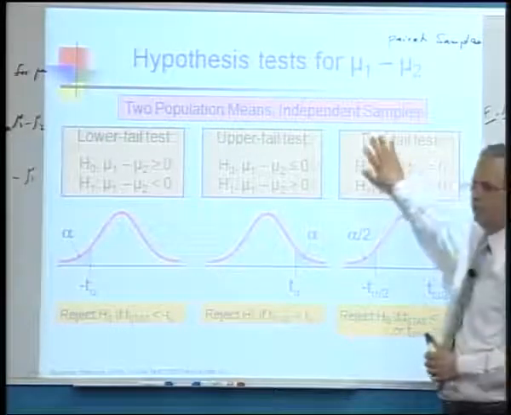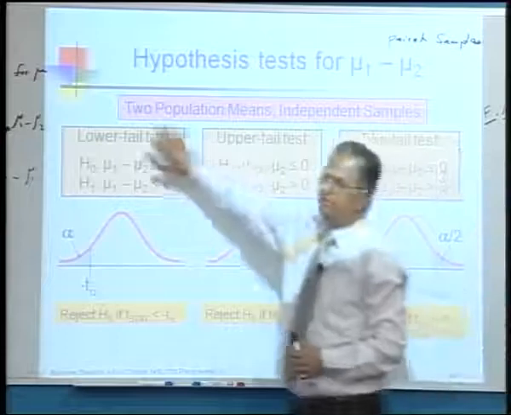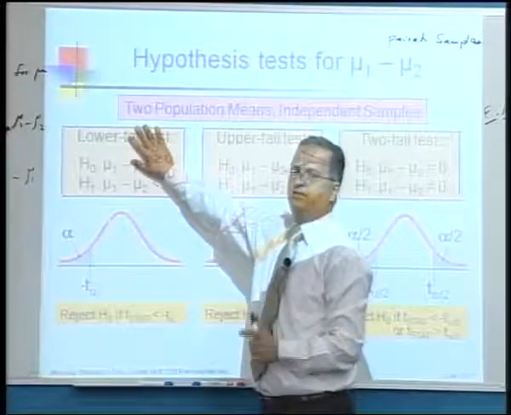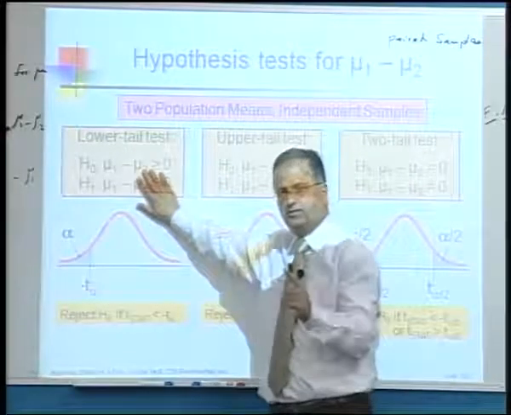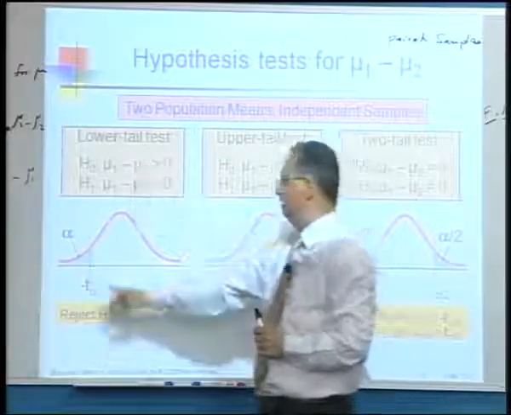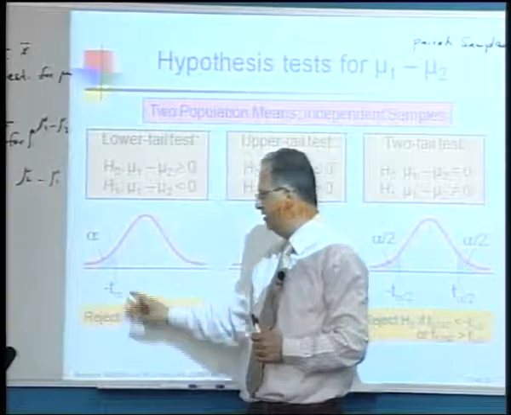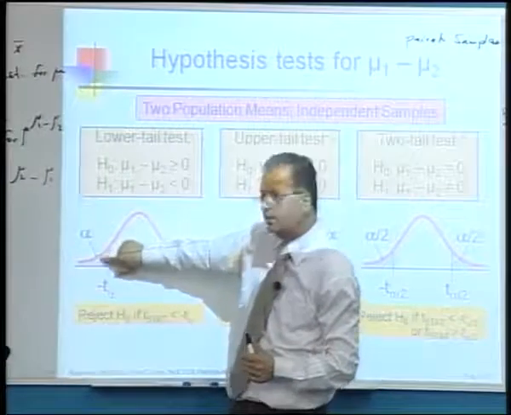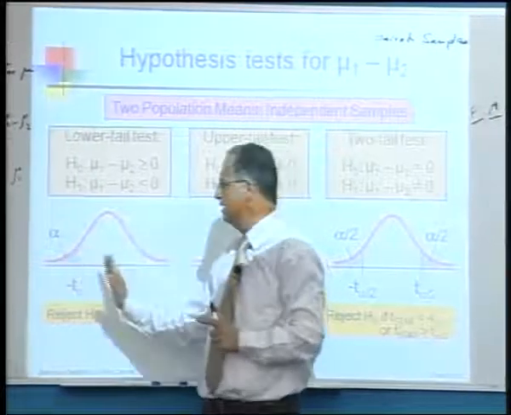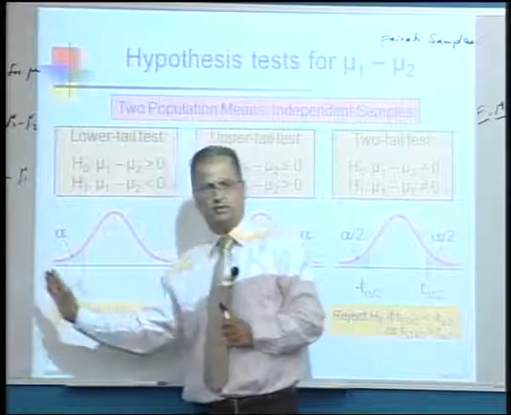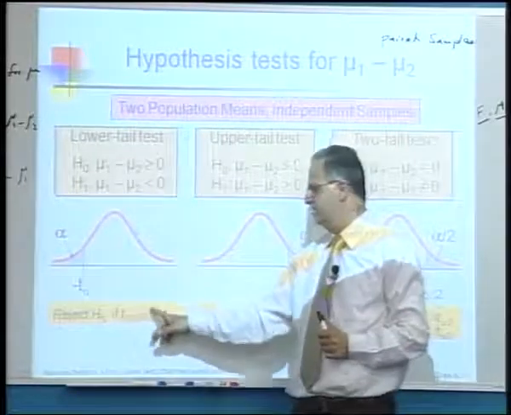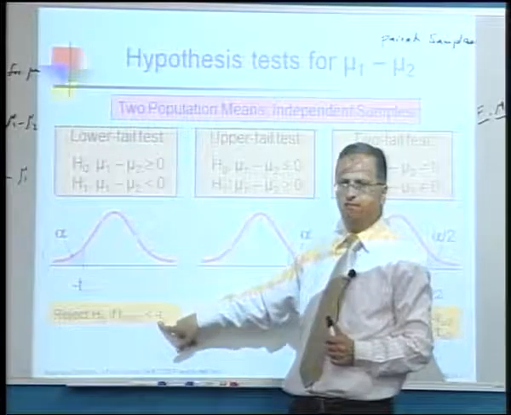That's for the two-tail test. Now for the lower tail test, in this case there is only one rejection region, to the left side. It's minus t alpha. In this case we reject the null hypothesis if the value of the test statistic is smaller than negative t alpha. So we reject if t stat is smaller than minus t alpha.